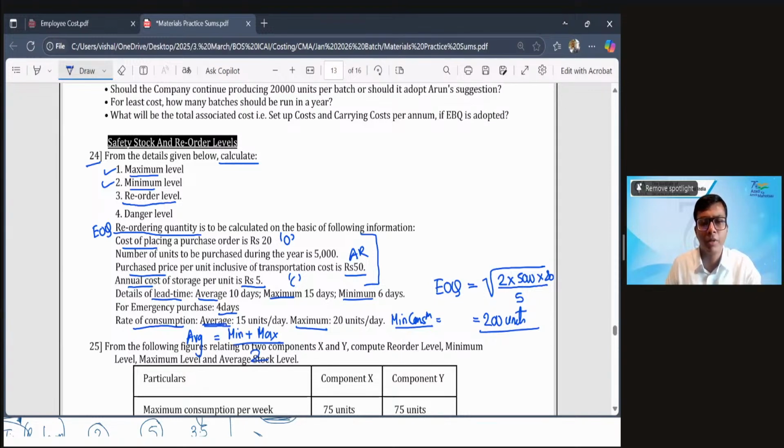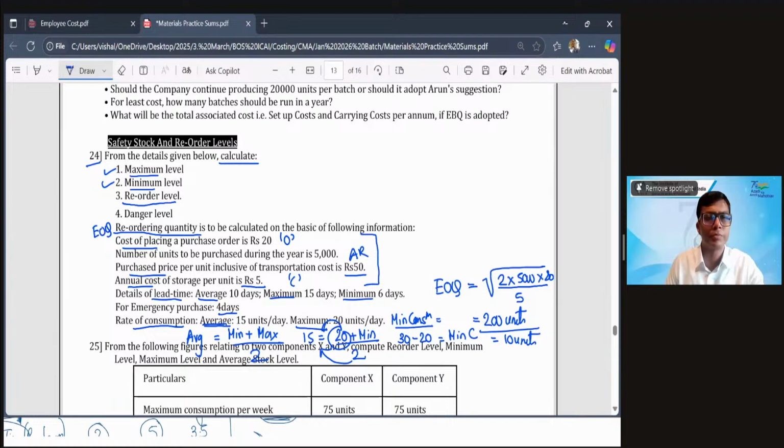Now average is given as 15, correct? Maximum is given as 20. Minimum I don't know, upon 2. So I'll make this formula. Now 2 will come on this side, so this will become 30. This 20 will come this side, so this will be subtracted. So I will get my minimum consumption, which is coming as 10 units.